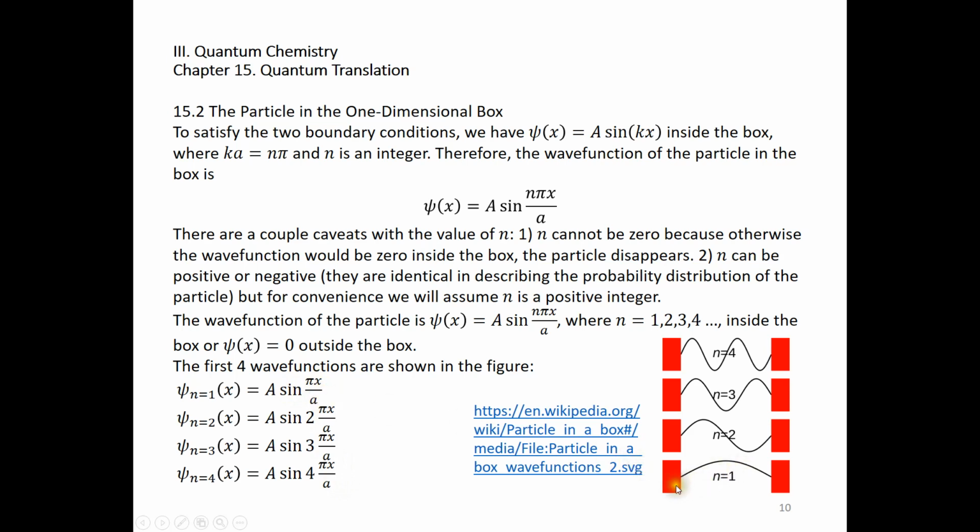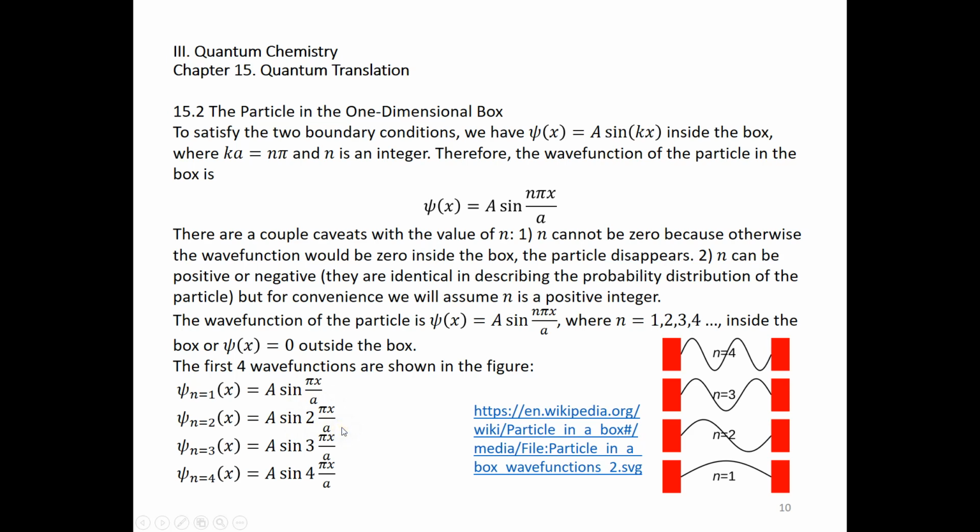So we have this x from 0 to a, and therefore we plug in the lower limit and upper limit for x, and pi x over a is going to be between 0 and pi. Really we're just plotting sine theta from sine 0 to sine pi. Alright, so this is sine 0, this is sine pi. In the middle we have sine pi over 2. Of course, there's a normalization factor, but this is trivial. We don't worry too much about this. Let's just look at the sine functions.